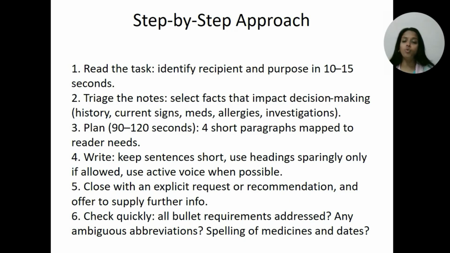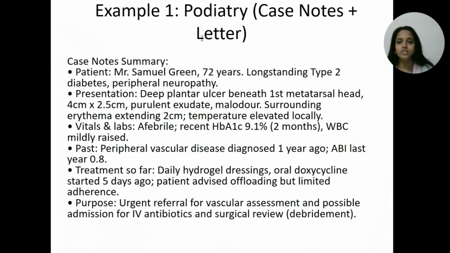Okay, now let's move on to an example. This is the case notes for podiatry. Patient name Mr. Samuel Green, 72 years, long-standing type 2 diabetes, peripheral neuropathy. The presentation is a deep plantar ulcer beneath the first metatarsal head, 4 cm by 2.5 cm, purulent exudate, malodor, surrounding erythema extending 2 cm, temperature elevated locally. Vitals afebrile, recent HbA1c 9.1 percent, and WBC mildly raised.